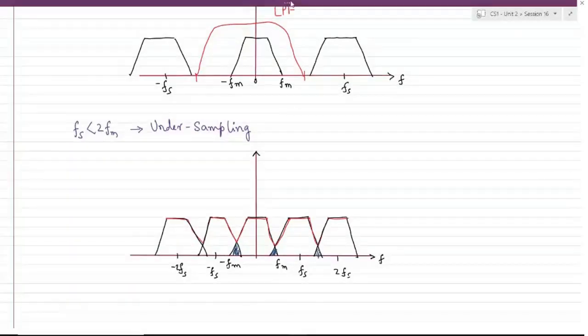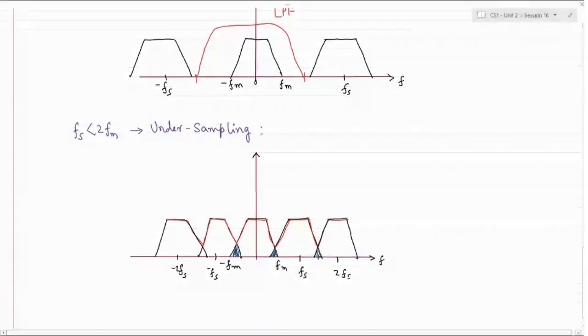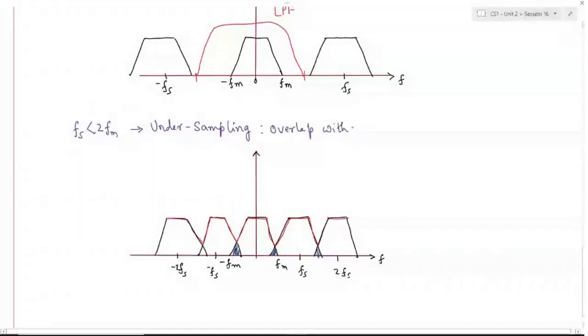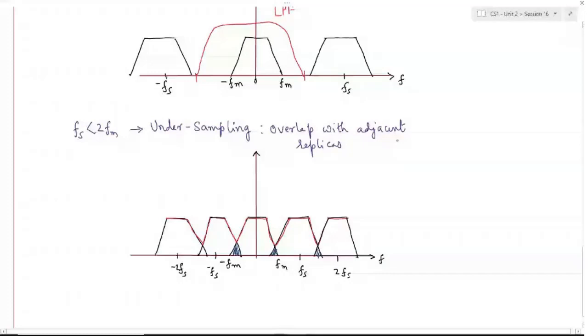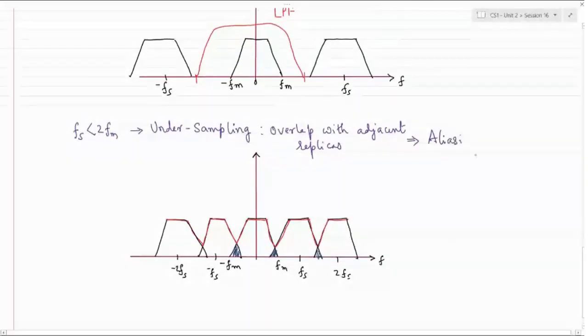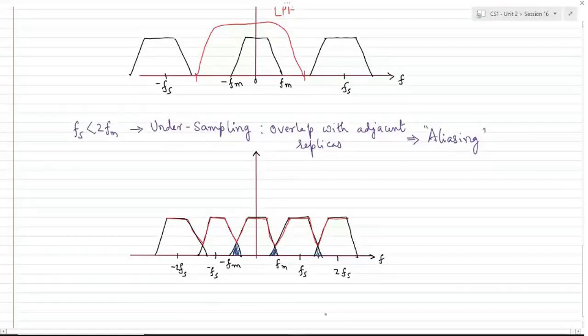This kind of effect, which has an overlap with adjacent replicas, is termed aliasing. This is the technical term used in communication theory. Our job is to negate this aliasing effect. I'll take some 5 to 10 minutes to talk about aliasing in the next session and how to overcome it.